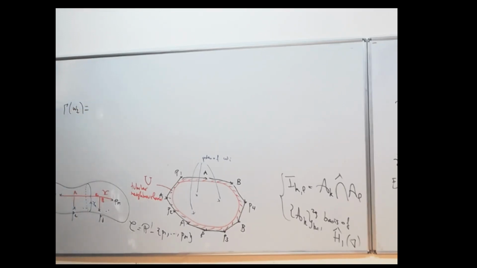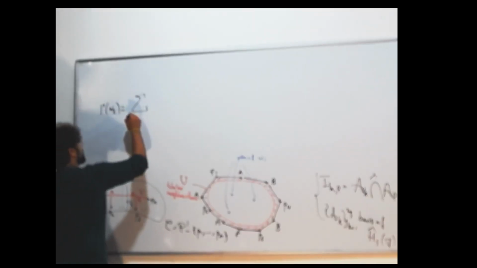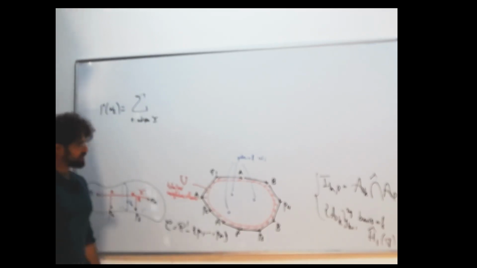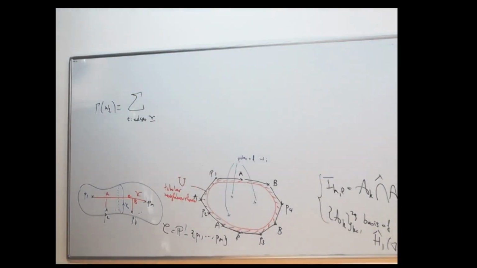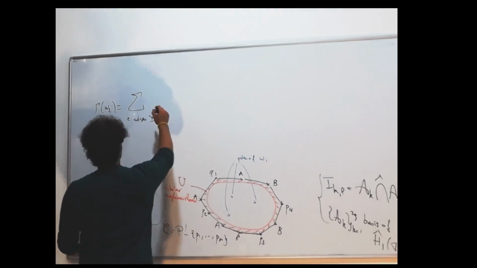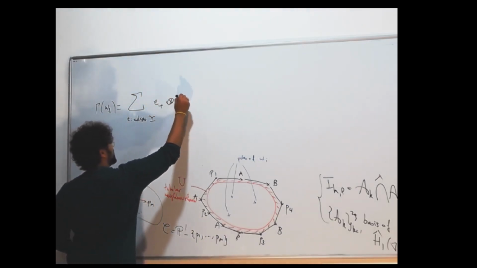Gamma of omega 2 is now the sum over the edges, and you have E plus tensor EI.